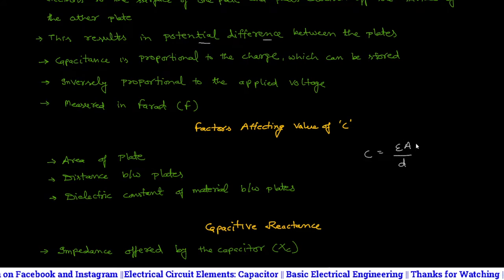If the area of the plates is high, then the capacitance will be high, and if the distance between the two plates is more, then the capacitance will be low. So C is directly proportional to the dielectric constant and area, and inversely proportional to the distance between the plates.